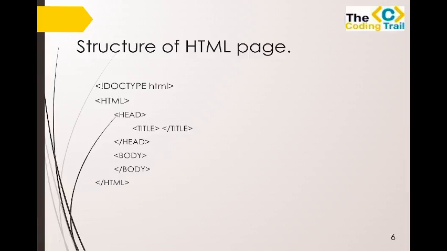Okay, so I'll discuss each part of this basic structure. So first thing that we have to mention is doctype HTML. It has to be mentioned the way it is. What does that mean? Doctype means document type. So whenever you are creating an HTML file, you need to mention it, because with this line the browser will come to know that whatever is coming as an input is an HTML document.